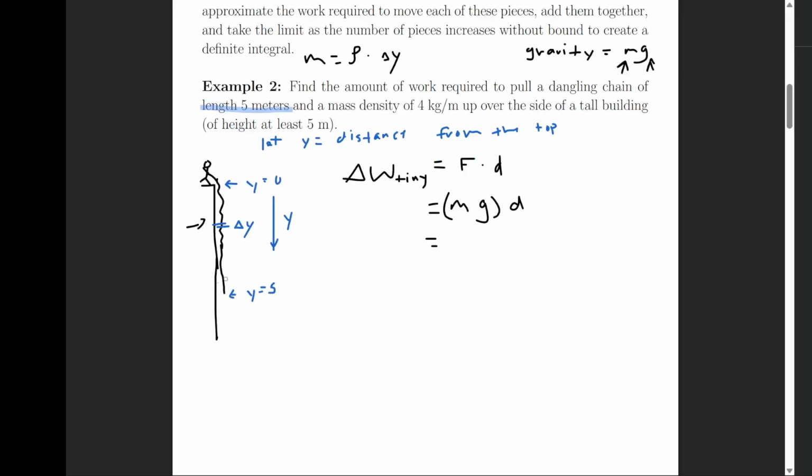I don't know if I explained that correctly. It's delta y because let's say this is y2 minus y1, which gives our slice. Say this is y2, and this is y1.